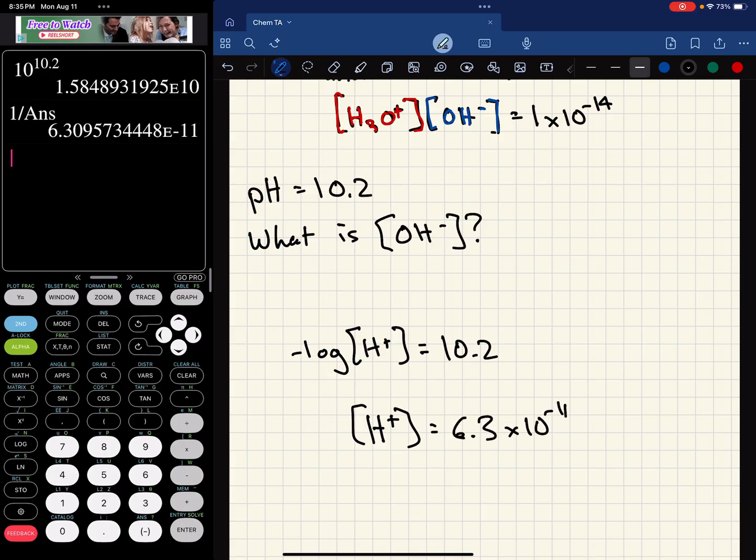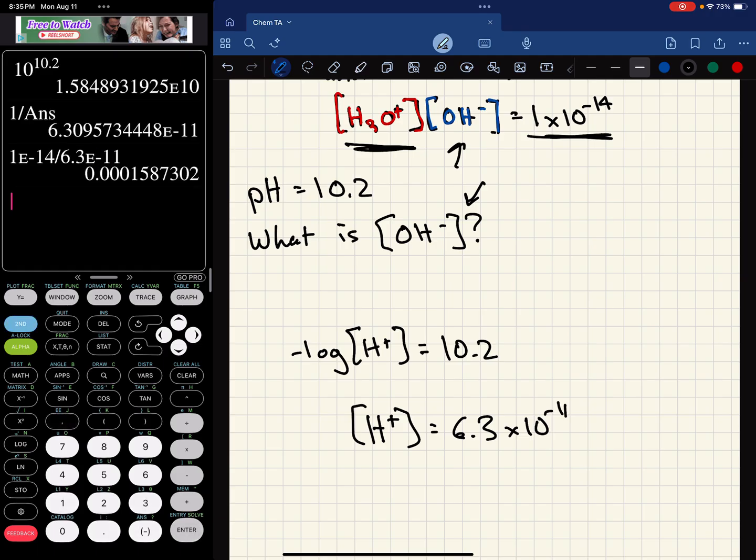This is not what I've been asked for though. I'm asking for my OH concentration. So I would just divide 1 times 10 to the negative 14 by my H plus concentration and solve for that. So 1 E negative 14 divided by 6.3 E negative 11.